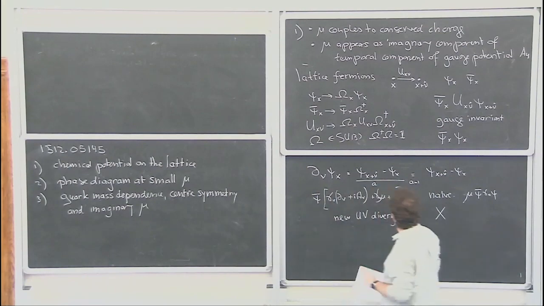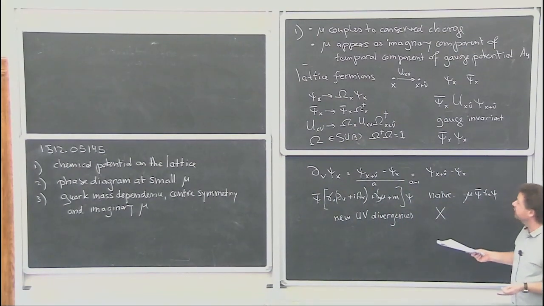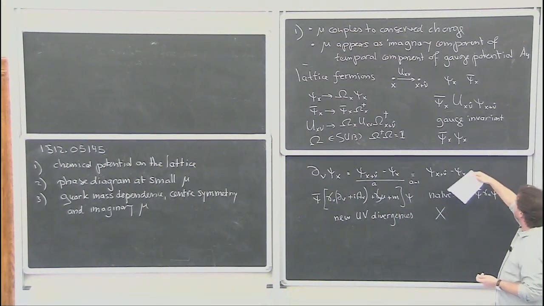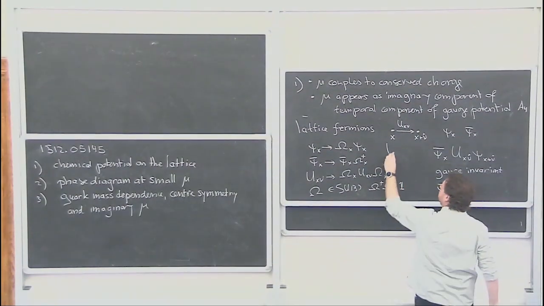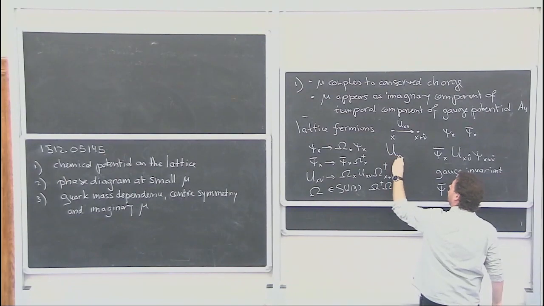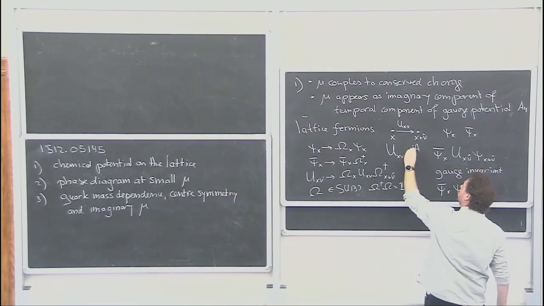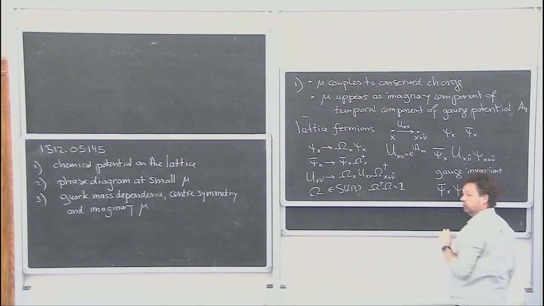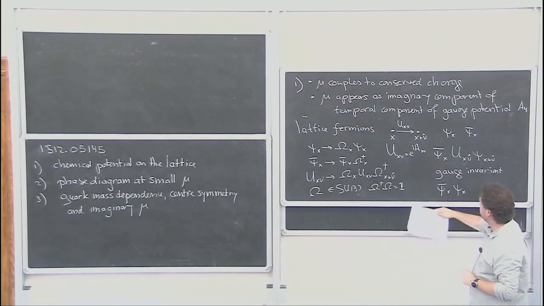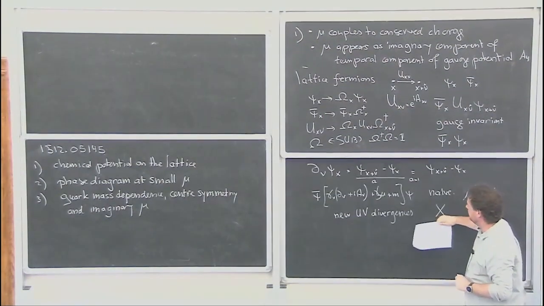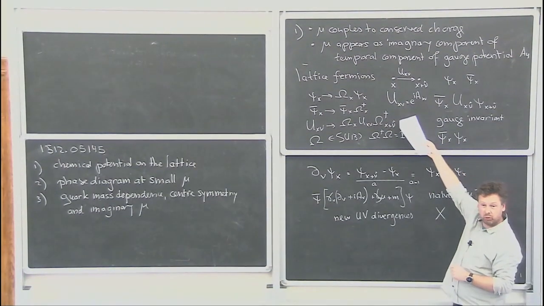And how do vector potentials appear in the action? Well, I haven't said it explicitly, but these links U here are essentially e to the i a A_nu. So they are like Wilson lines between two neighboring points. And so the vector potential doesn't appear in a linear way, like in the continuum, but actually appears in the exponent.